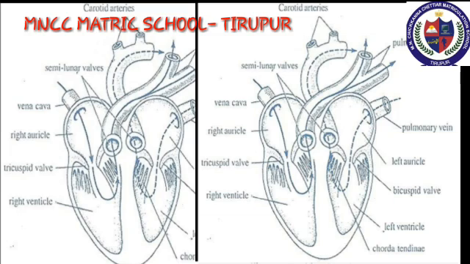The left auricle receives oxygenated blood from the pulmonary veins from the lungs. The pulmonary artery arises from the right ventricle and carries the deoxygenated blood to the lungs. The systemic arch or aorta arises from the left ventricle and supplies oxygenated blood to all parts of the body.